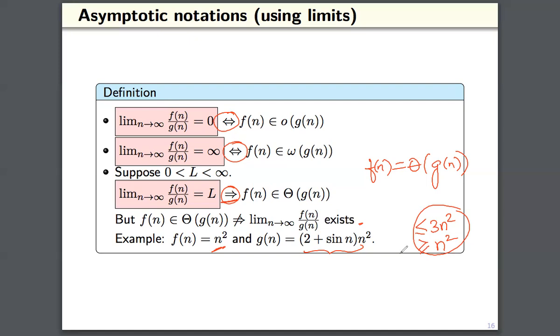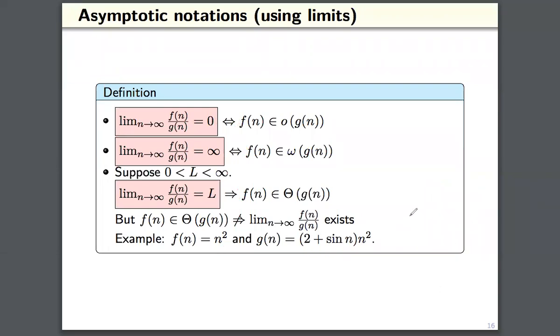The limit does not exist, right? Hence, the limit definition applies only one way. If the limit exists, then it is theta. If it is theta, it doesn't mean that the limit exists. As you compare these two definitions, you see that the limit definition is the easiest to solve problems.